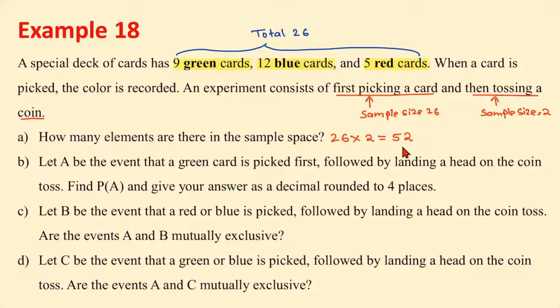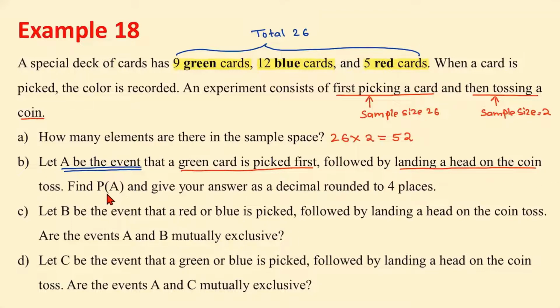Okay. Now let's look at B. So in B, let A be the event that the green card is picked. Let A be the event that a green card is picked first, followed by landing a head on the coin.